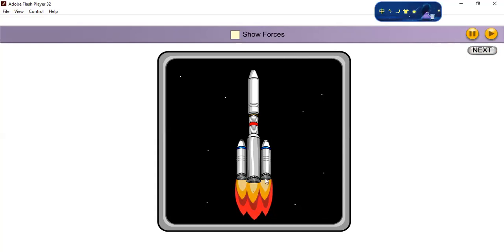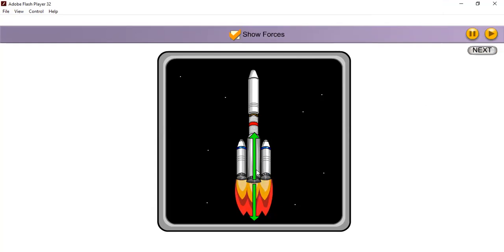Look at the rocket. The rocket can launch to space because of the burning of the fuel. The force is the momentum produced by burning the fuel divided by time, the rate of change of momentum. The downward force is equal to the upward force. The action, the fire: burning of the fuel produces a rate of change of momentum.